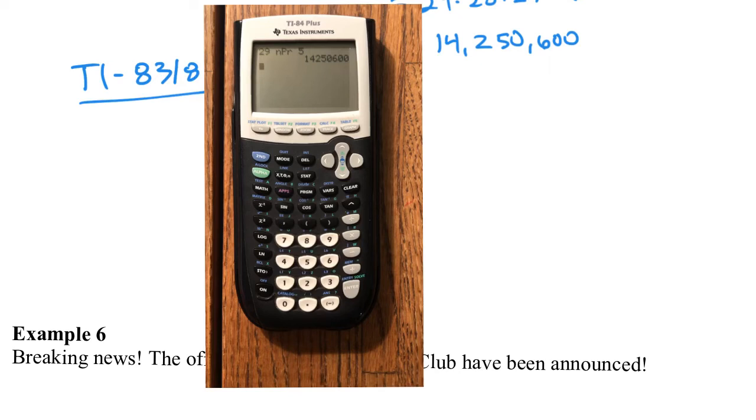In the homework they ask you to do a few using the formula just to be familiar with it. But on any test or quiz, I would expect you to just use this nPr command to get permutations. And we're going to see very soon there's a similar command for combinations.